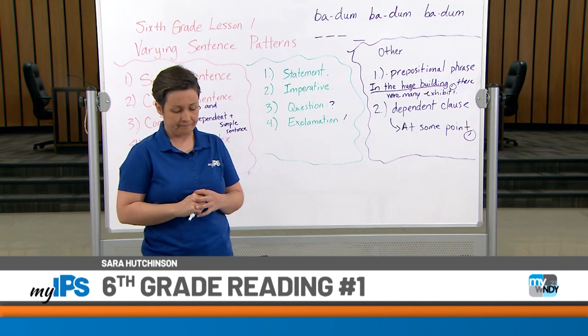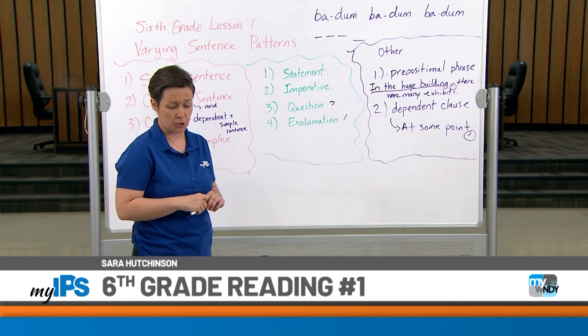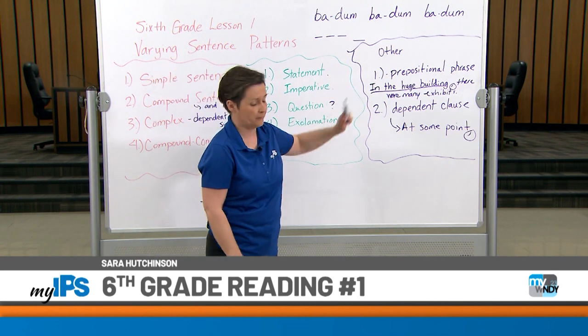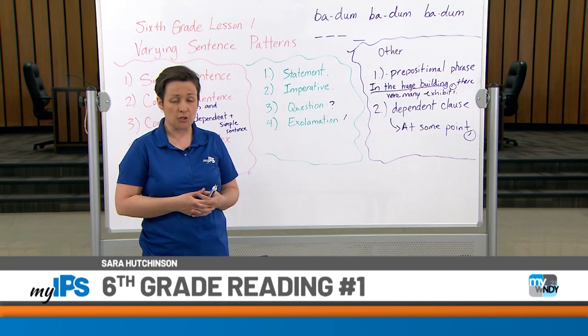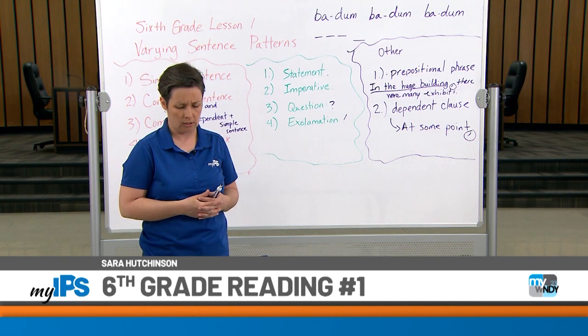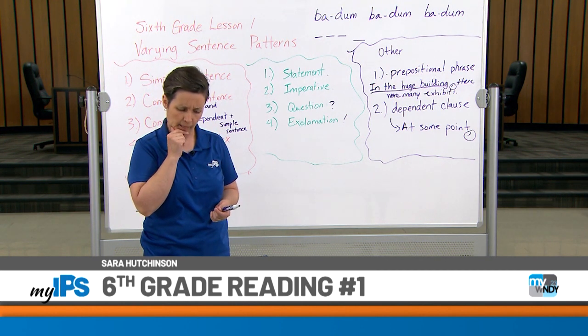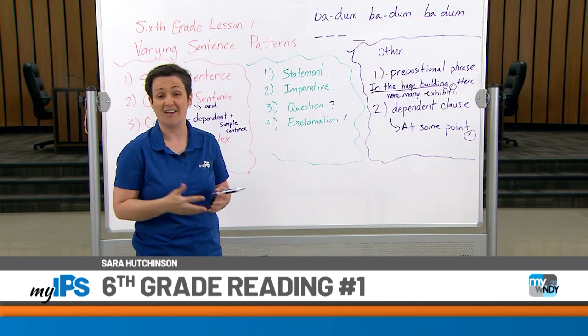Number 3, combine these sentences so that the new sentence begins with a prepositional phrase. So that's this up here. Here are 2 sentences. It was near the entrance to the exhibit. The first thing I saw was a giant grasshopper. Let's see, how can I combine? I've got an example.